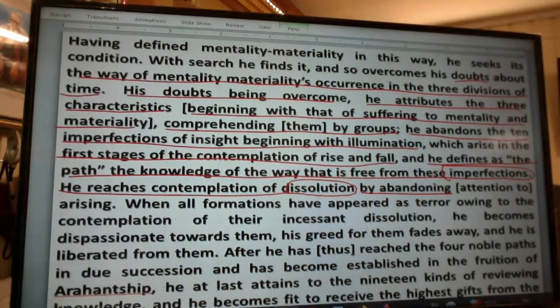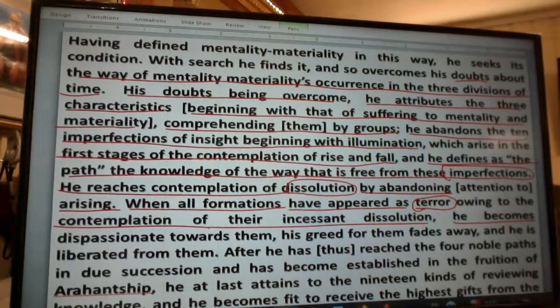He pays attention to the arising. All formations here, sankhara, but in my translation formation, it is namarupa, isn't it? All namarupa appear as a terror, owing to contemplating them as incessant dissolution, non-stop disappearing.